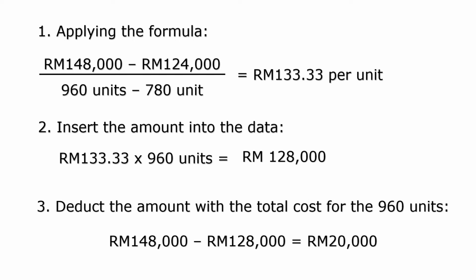Because step 1 is actually identification of variable cost per unit, step 2 is to determine the total variable cost, and step 3 would be to determine the total fixed cost.